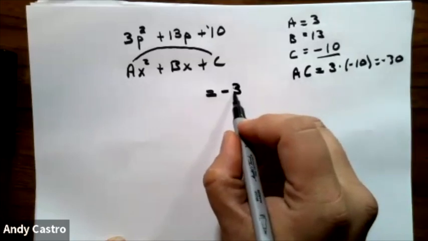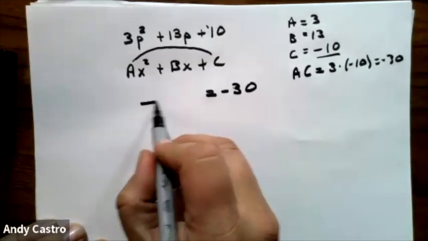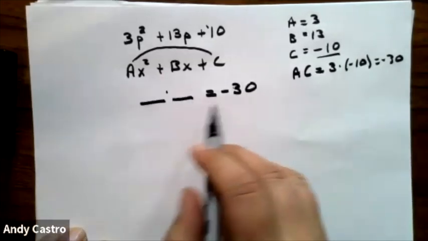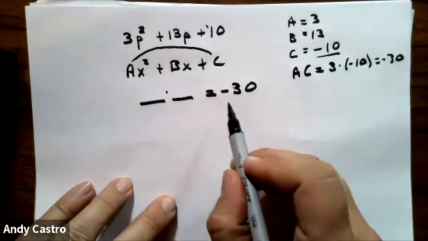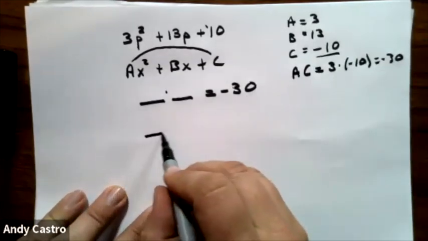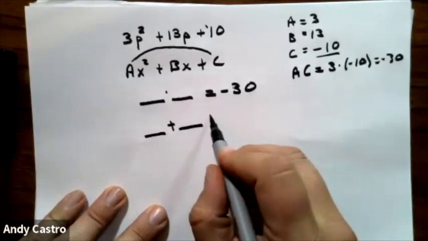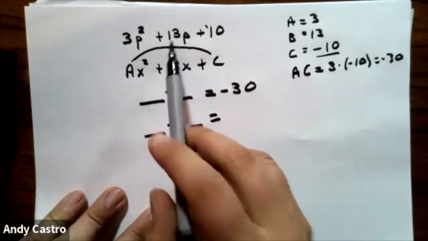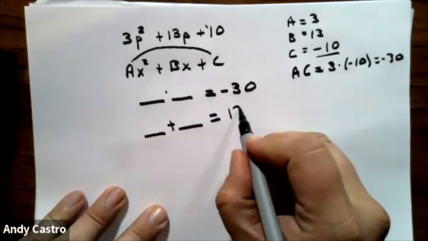Now what we're looking at is two numbers that multiply to give me negative 30. Those same two numbers I add, and they'll give me the middle term of 13.